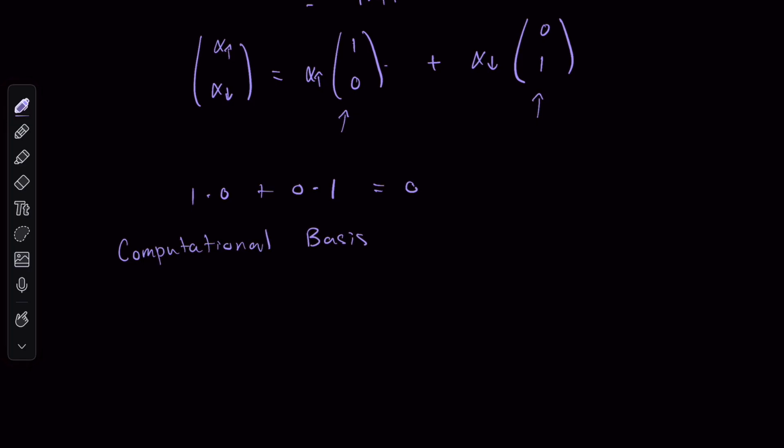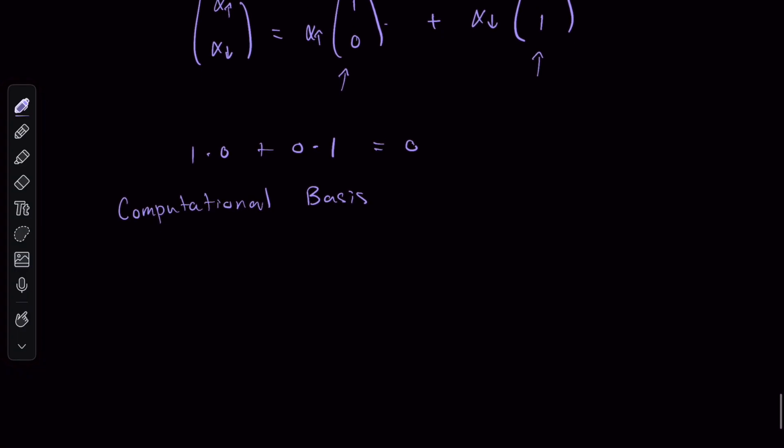Because now we're going to abstract spin up to the state 0 and spin down to the state 1. Or you could do it flipped. It doesn't really make a difference. So now we have this |0> vector, which we can define as (1, 0), and this |1> vector, which is (0, 1).